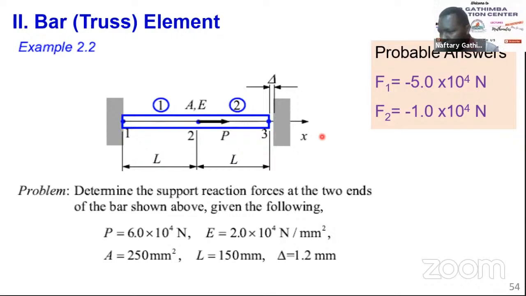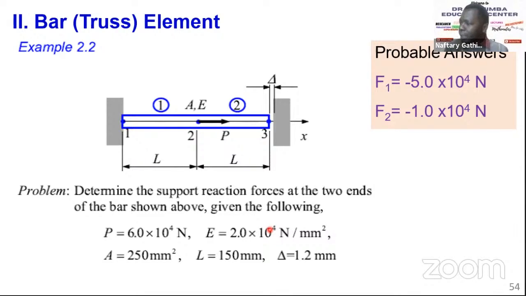That question is not clear. Let me see, Humphreys. I think we have forgotten to solve for the reactions F1 and F2 by substituting the values of U2 and U3. Okay. That one you can do it. Yes, true. We did not solve that.